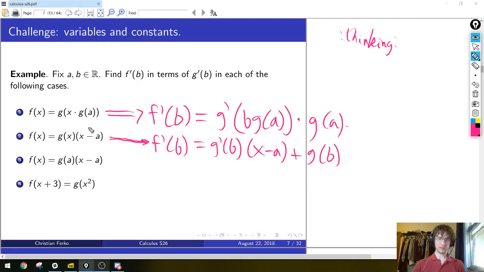Well, it would be times the derivative of this thing, but the derivative of this is 1 minus 0, because the derivative of a is 0, right? So I think it's just g of b times 1, or just g of b.